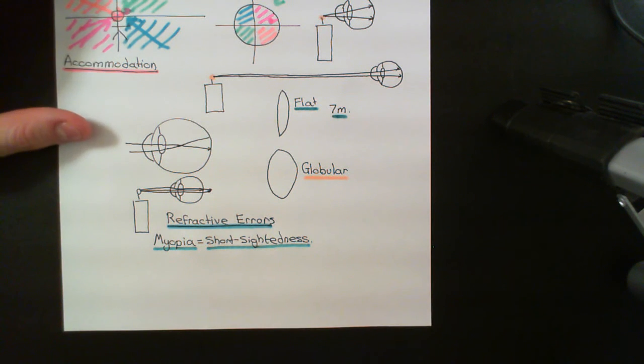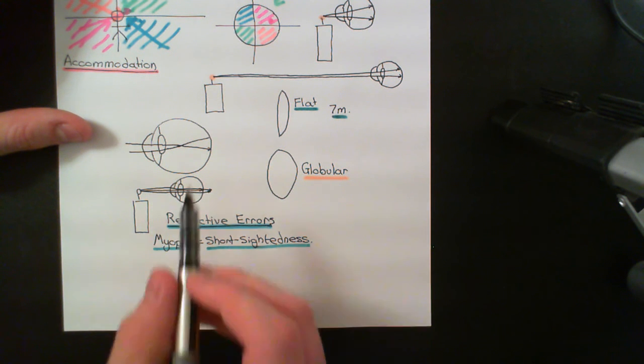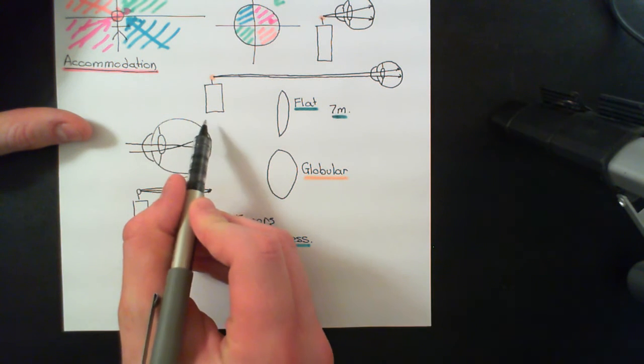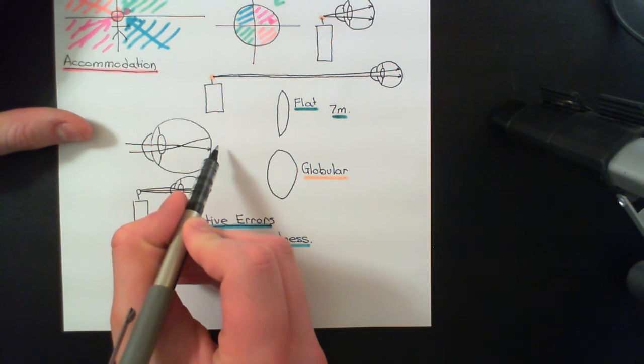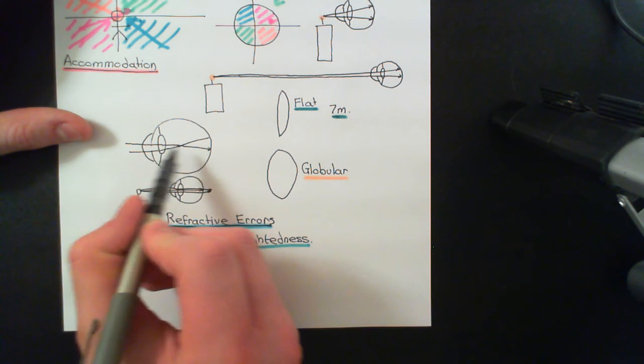And the usual reason for short-sightedness is not a problem with the lens, it's not a problem with the cornea. The problem is usually that the thickness of the eye, the diameter of the eye backwards is abnormal, it's too long.